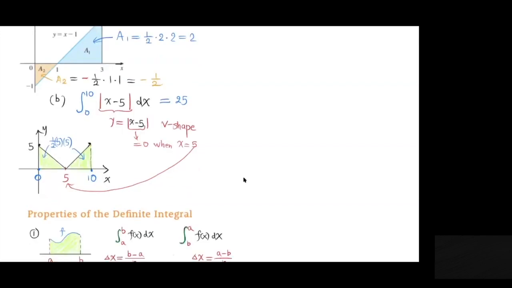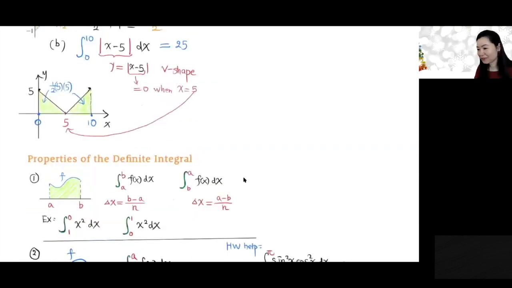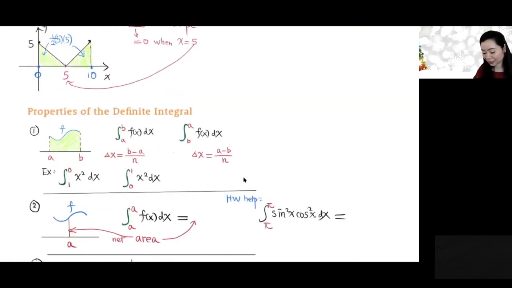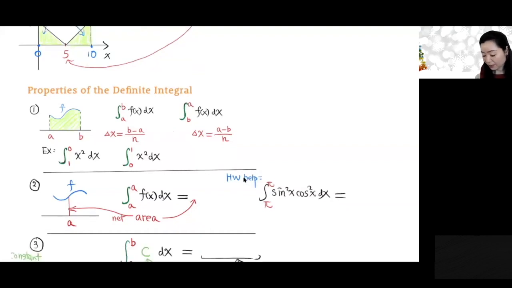Yes, thank you. Okay. Now we're going to talk about some properties of definite integrals. Now, in these two integrals, you switch the upper and lower limit. So a, b switch places. Now remember, when you use Riemann sum, delta x is upper limit subtract lower limit and divide by n, right?